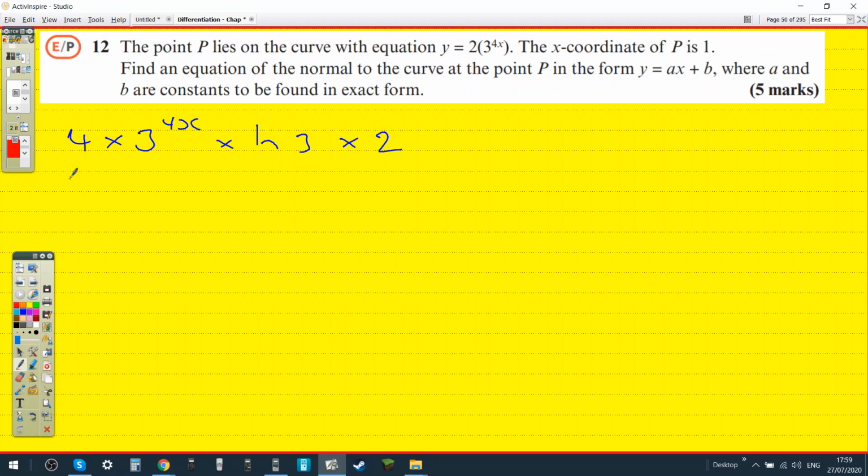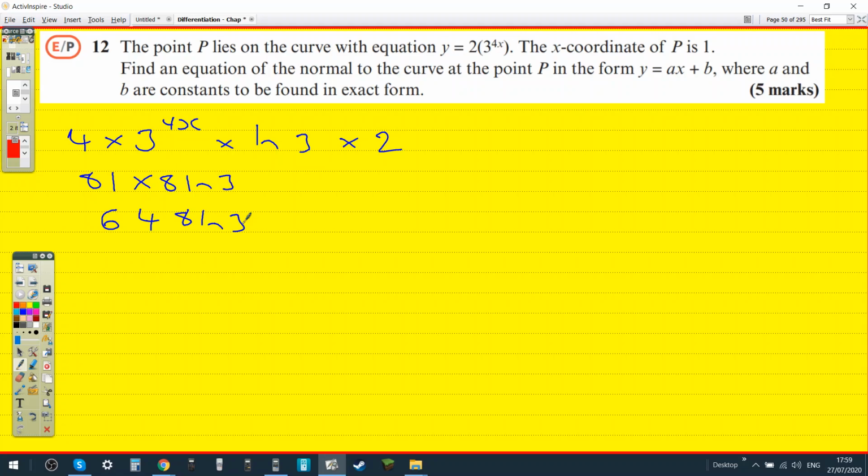So that's going to be 8 times 3 to the power of 4. 3 to the power of 4 is 81. And so that's 81 times 8 ln 3. 648 ln 3.